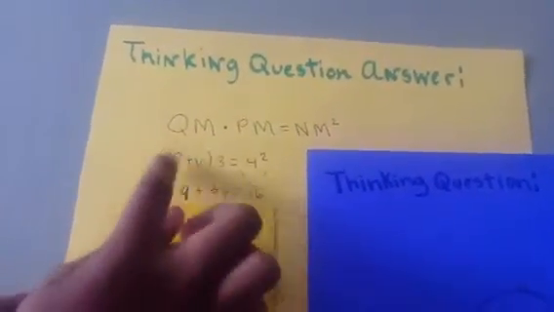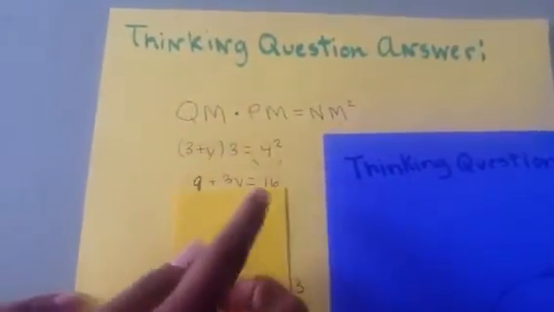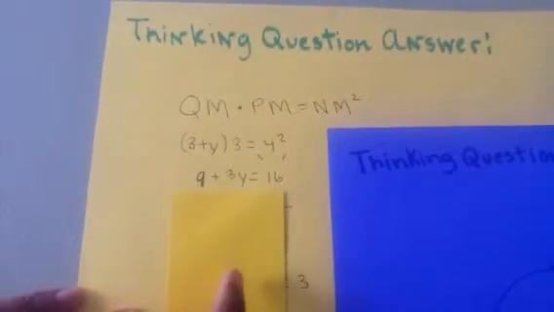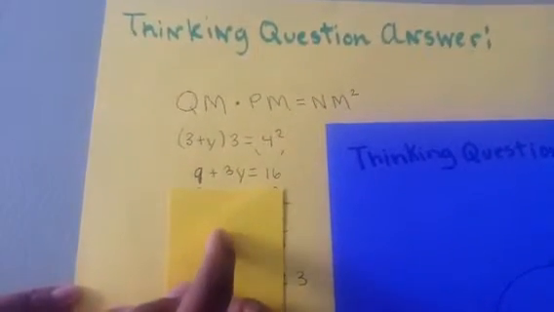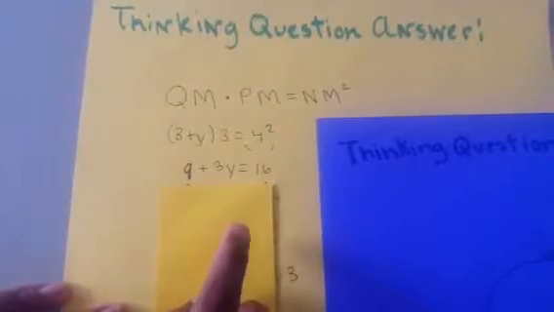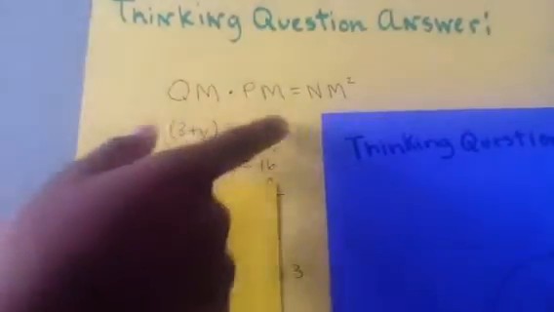You have to distribute 3 into the parentheses, so you got 3 times 3, which is 9, and 3 times Y equals 3Y. And you plug it in, it's 9 plus 3Y equals 16, which is 4 squared.